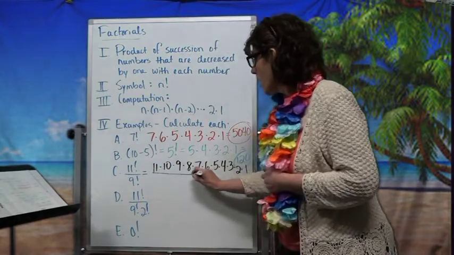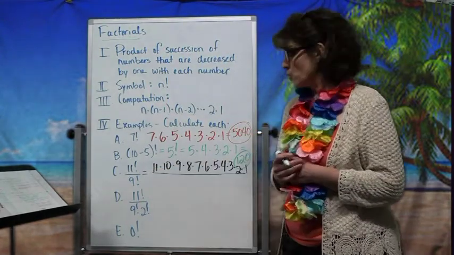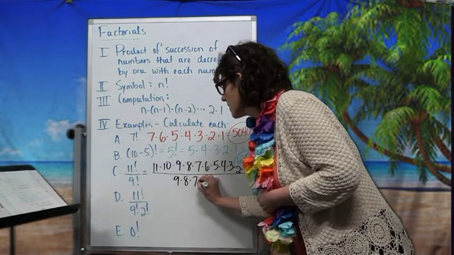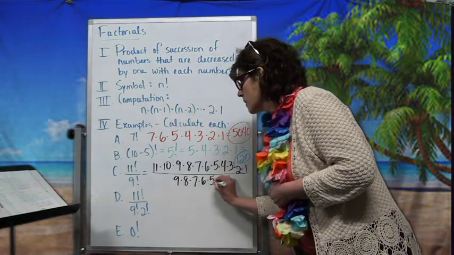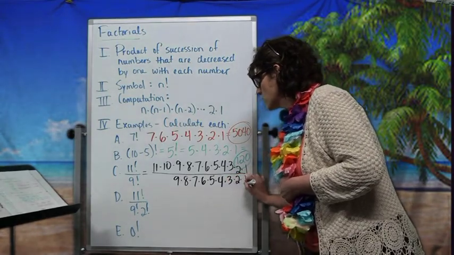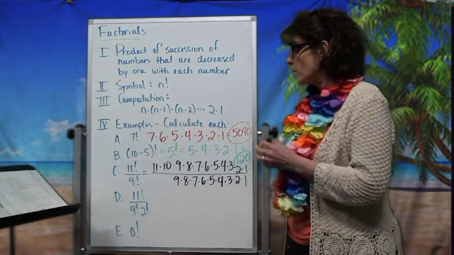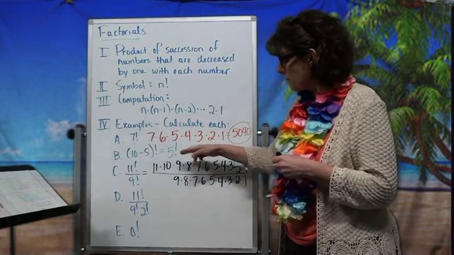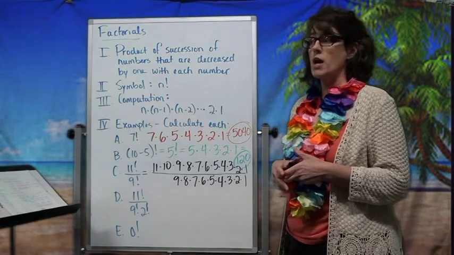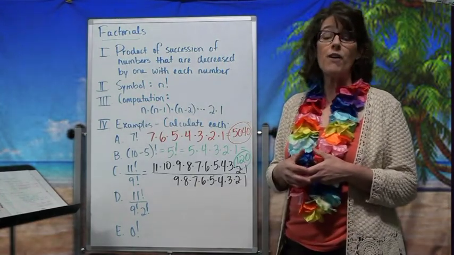And in the denominator, 9 factorial means 9 times 8 times 7 times 6 times 5 times 4 times 3 times 2 times 1. Now, remember that whenever you have numbers like this, you can cancel out the factors. It's the idea of being able to simplify a fraction.